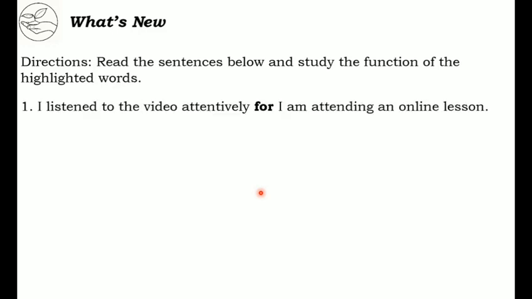All right, number 1: I listened to the video attentively for I am attending an online lesson. Now here, this sentence is divided into two parts. The first part is the independent clause. Notice, this is called an independent clause because it expresses a complete thought. We have a subject, I, and we have a predicate, listened to the video attentively.